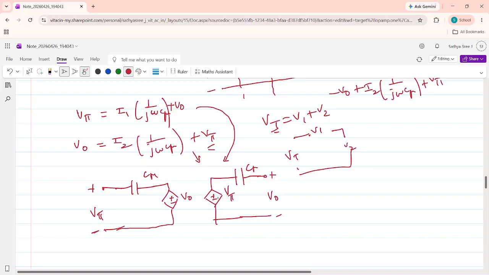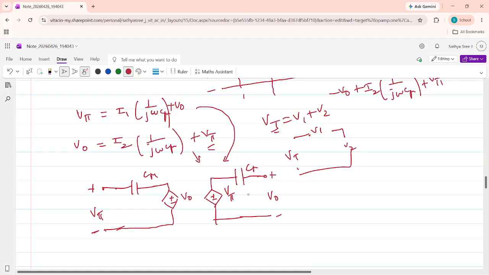Note that I have drawn V naught and V pi as dependent sources, because V naught is the output voltage and V pi is the input voltage. So this is for the first equation and this is for the second equation.